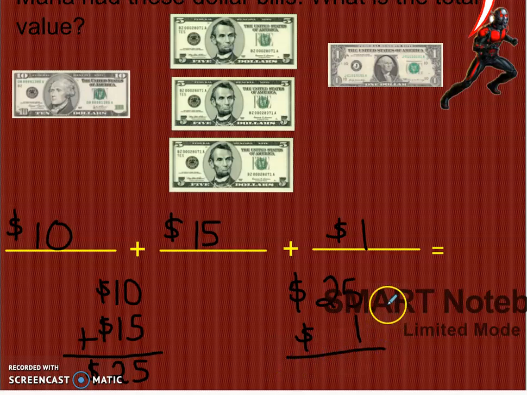So I start with my ones place. 5 plus 1 equals 6. And then I bring down the 2. So Maria has how much in all? That's right, $26. Great job, guys. Let's move on to the next problem.